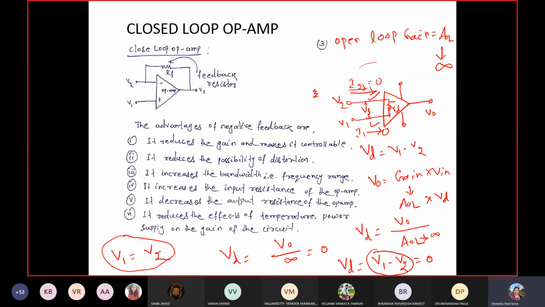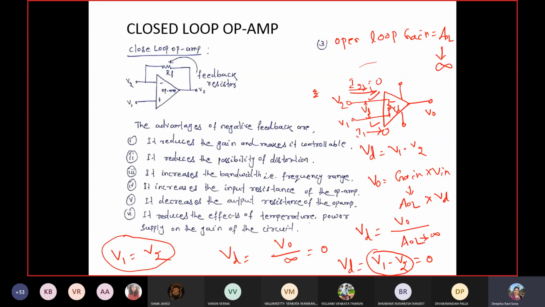Then it reduces the effects of temperature and power supply on the gain of the circuit. These are the advantages of negative feedback. That's why we prefer the negative feedback in the op-amp. If we give positive feedback in the op-amp, what will happen? That also gradually we will see in your module 5th. In module 5th we will realize what happens if we use positive feedback.